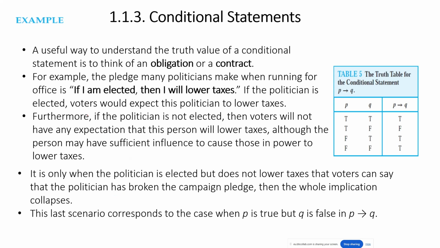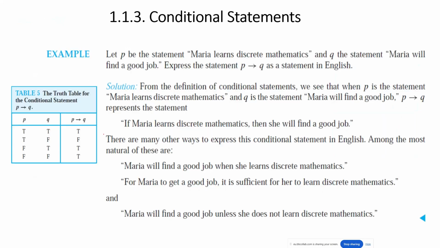Okay, so I think we spoke enough about this conditional statement. And there's another example here. If Maria learns discrete structures, and Q, the statement Maria will find a good job. The expression as set in English. This is a truth table, so that means if Maria learns discrete structures, then she will find a good job.